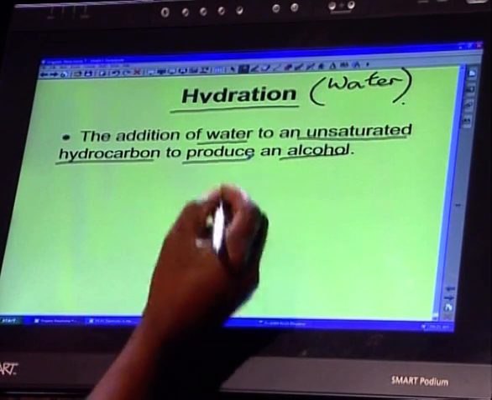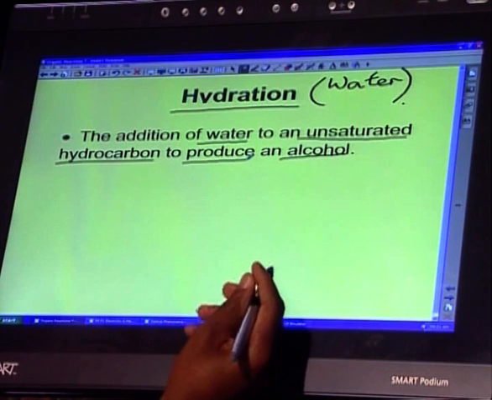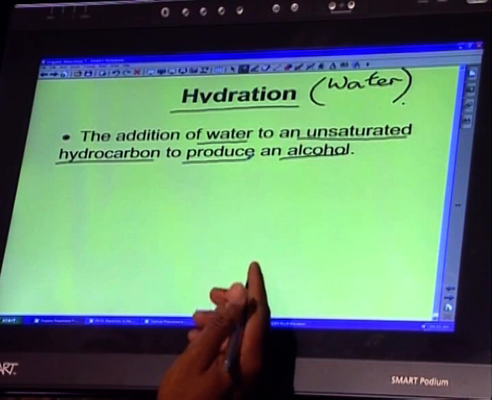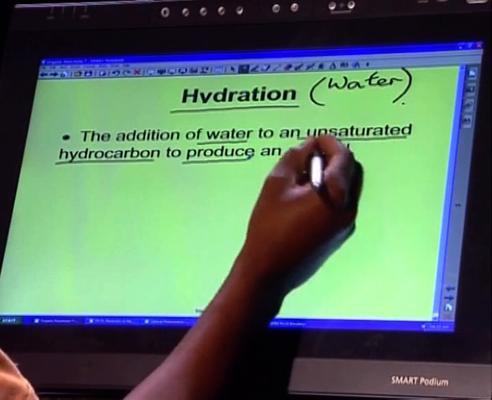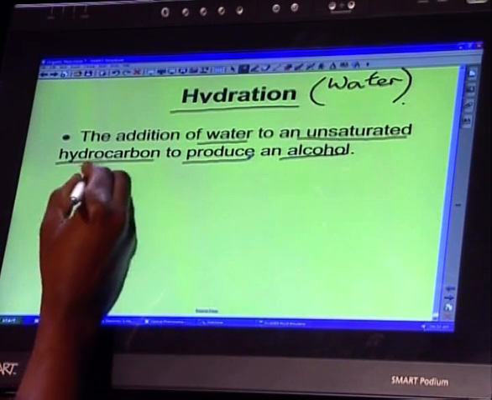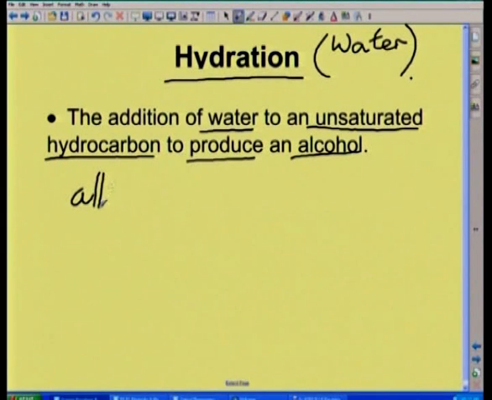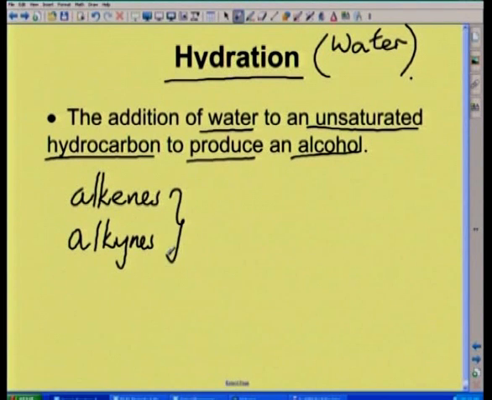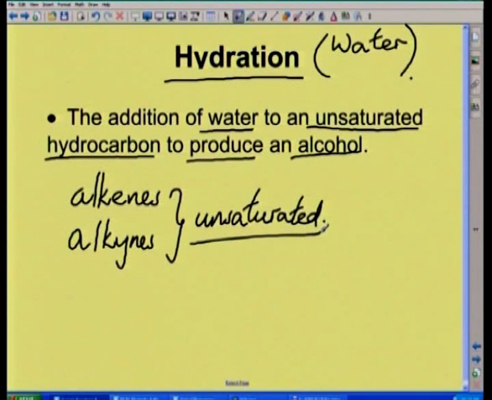In the process, you are forming alcohol. How does that happen? It has to be an unsaturated hydrocarbon. So again, we're talking alkenes, we're talking alkynes, because these are the ones that are unsaturated. So we can't be talking alkanes here. All right.